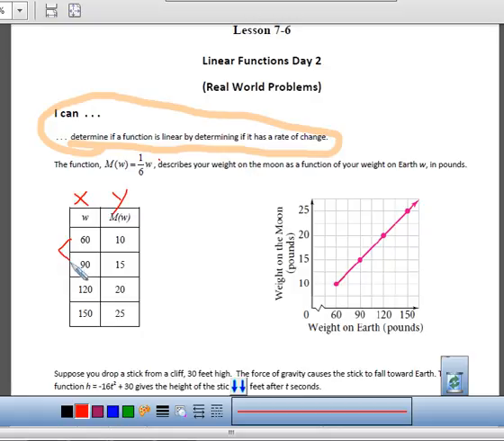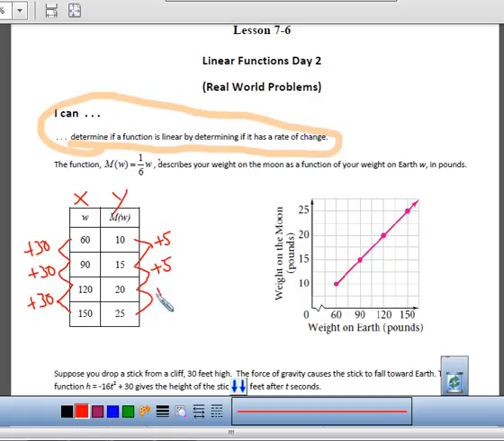Now, when we look at the table more closely, the input values are increasing by 30 every time. Plus 30, plus 30, plus 30. And then when we look at the output values, those are increasing by 5 every time.